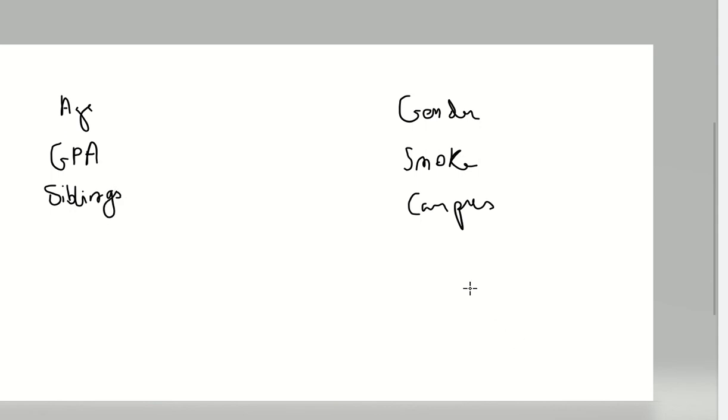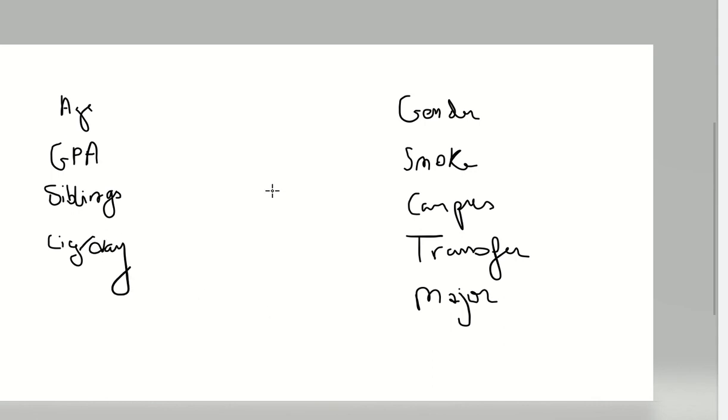You could ask them if they have transferred from another university. So transfer is another variable. Their major is another variable. One last, you could ask them, for example, for those that smoke, how many cigarettes per day? So cigarettes per day is another variable.